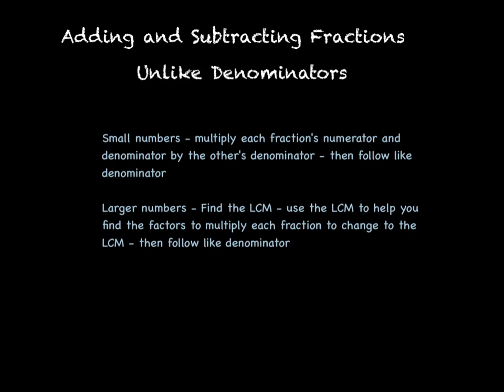If all else fails, the small number rule will work in every case. You just have to really watch your multiplication. So if you want to fall back on this one, you sure can, where you're just going to multiply by the other denominators. This one actually is going to do you the most good for larger numbers. But if all else fails, fall back on this one.